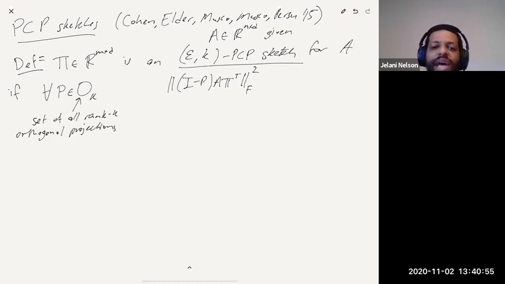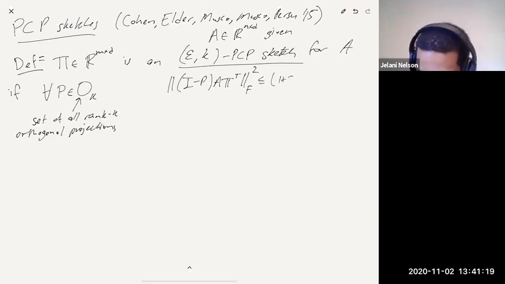Okay. So take A, sketch its rows, project down the rows to a lower dimension using pi, and then now look at the error you get in Frobenius norm when you project down to P. So you look at A pi transpose minus P A pi transpose. And now what's the error that's left when you do this projection? The definition of an epsilon-k PCP sketch is that for any P of rank k, this is basically preserved as if you didn't have the pi.